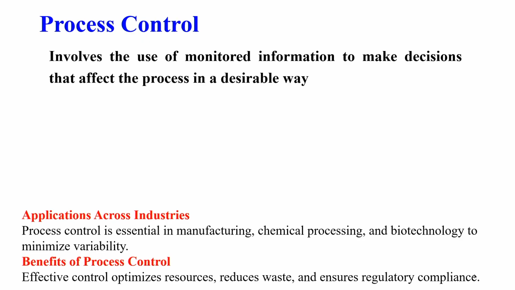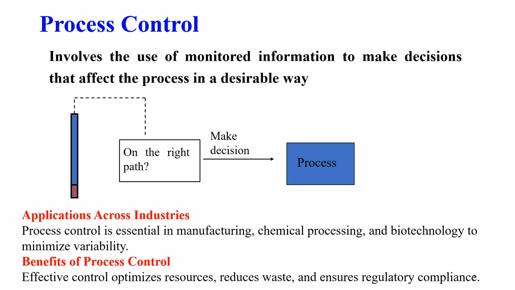So, process control, as the name suggests, involves the use of monitored information to make decisions that affect the process in a desirable way. So, you have a process and you have a monitoring device.